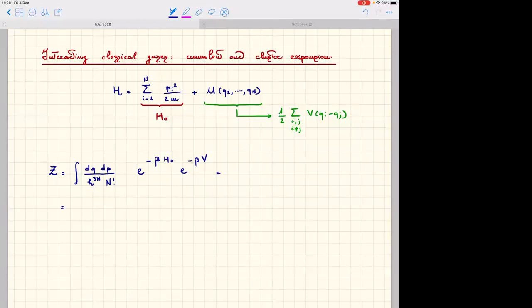Let me multiply and divide by the non-interacting partition function.